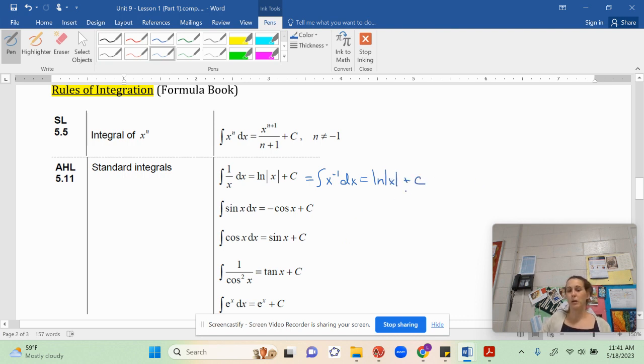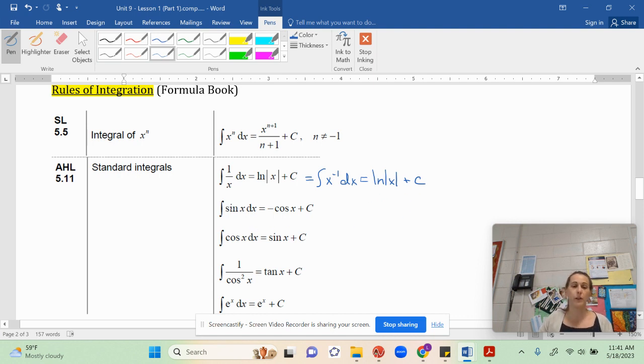That's a bit harder to see why that's true, but we have learned already that the derivative of the natural log of x is 1 over x. We saw that with differentiation. That absolute value there, I can talk about in class with you why that's true, but that absolute value does need to be written, and it is in the formula book. And again, in class, I'll explain that because it's easier in person.